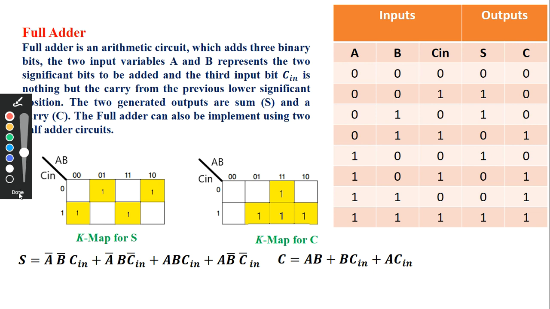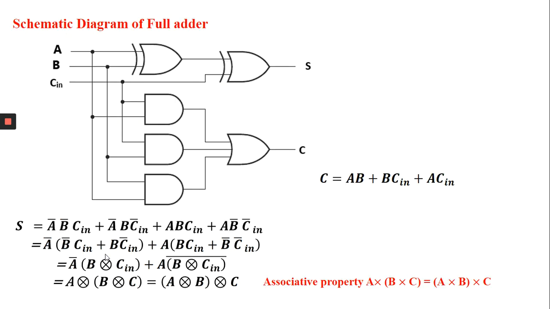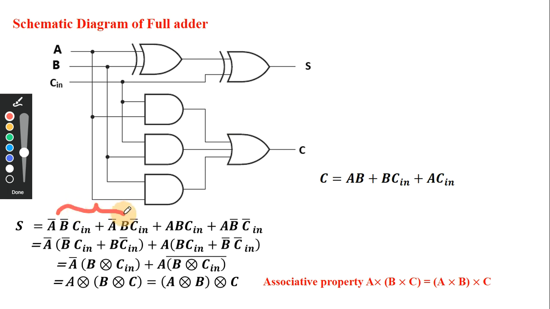Now we'll simplify this expression to design the full adder circuit. Here we are simplifying the Boolean expression. From the first two terms, we can take A bar common, so it will be B bar C in plus B C in bar.